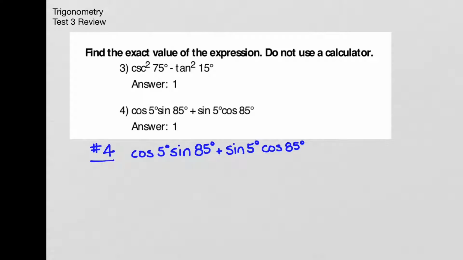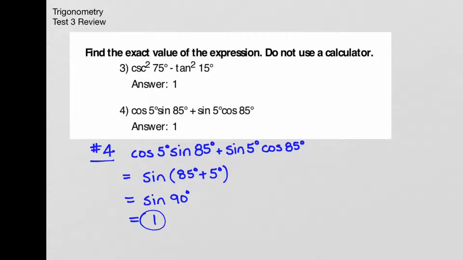Because we have the sine and cosine mixed together, I can rewrite this as the sine of a plus b, where a is 85 degrees and b is 5 degrees, or vice versa, it doesn't really matter. So this turns out to be the sine of 90 degrees, which is 1.